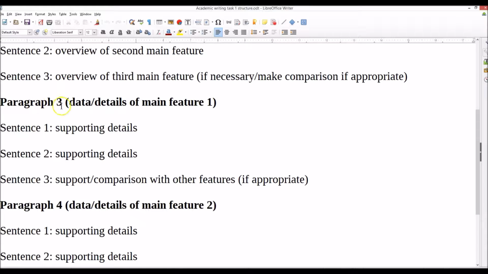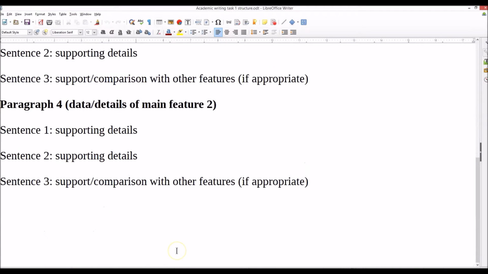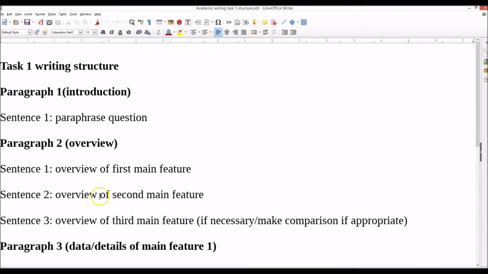You only introduce the data in paragraph 3 and 4. Okay, now you'll notice we don't have a conclusion because there's nothing to conclude. It's not an essay. So there's no opinions, no conclusion. It's purely a report based on what you see.